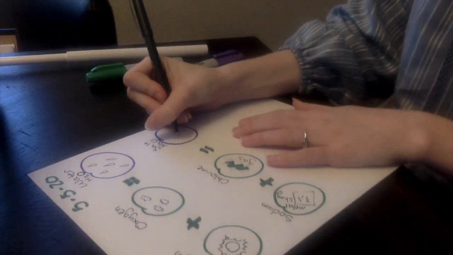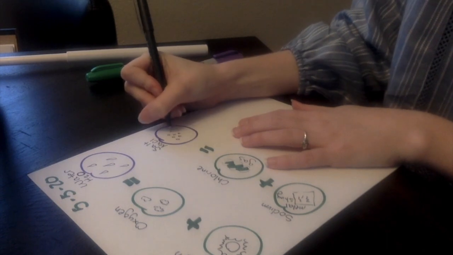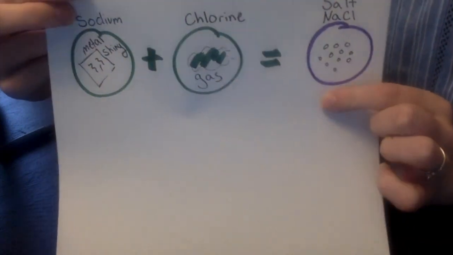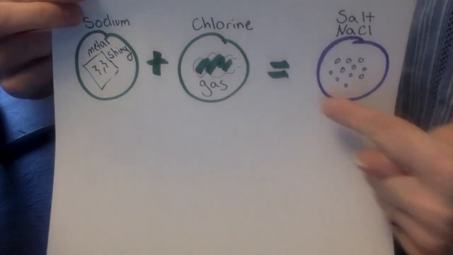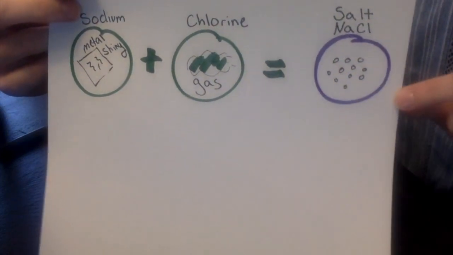But what does salt look like? Salt is little tiny white flecks. So just like the water, the salt has really different properties from the two elements that combine to make it. They're very different.